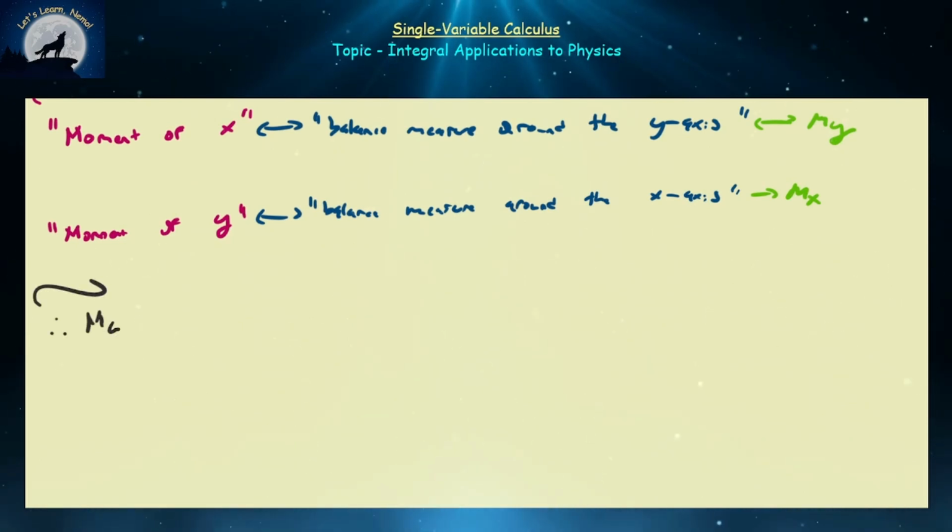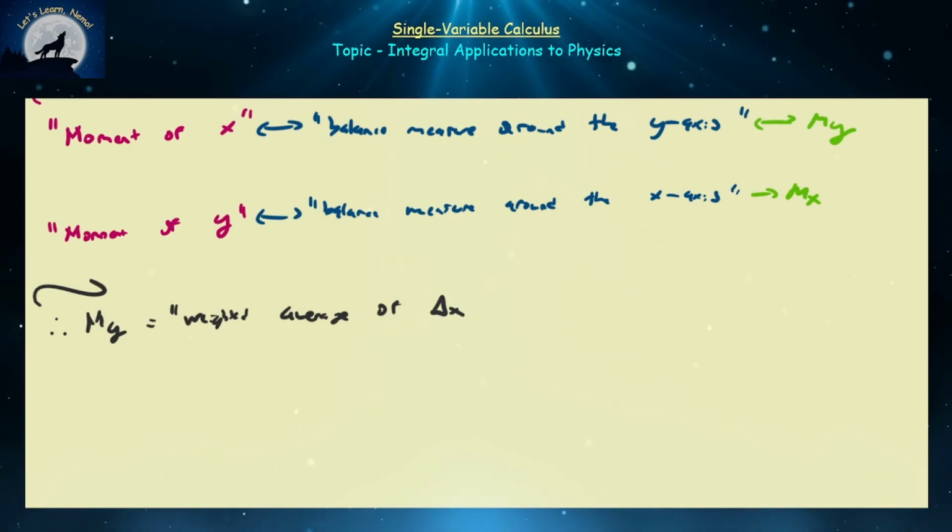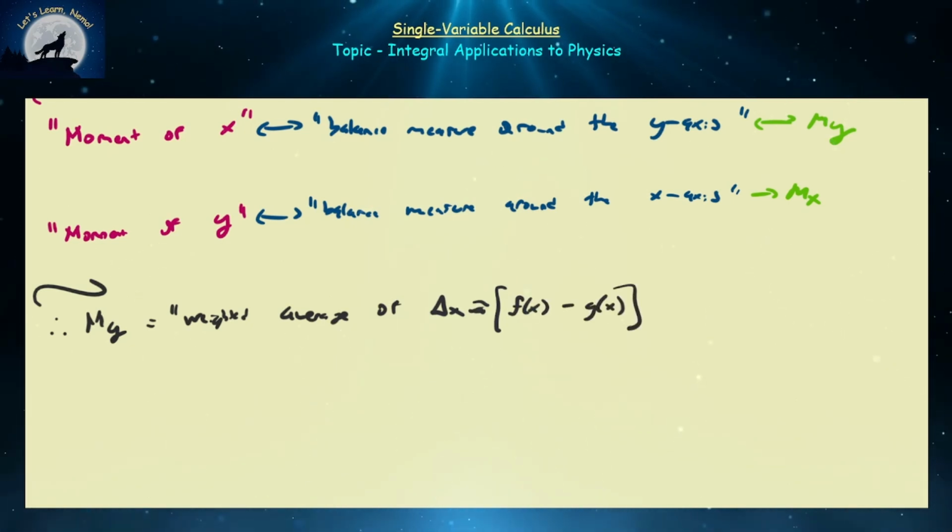All right. So once we have this, now we can start to build these equations. So what will be My? My will be equal to the weighted average. So this will be the weighted average of the change in x representations from our definition. And keep in mind, delta x will be equal to f of x minus g of x, at least in principle what they're representing.